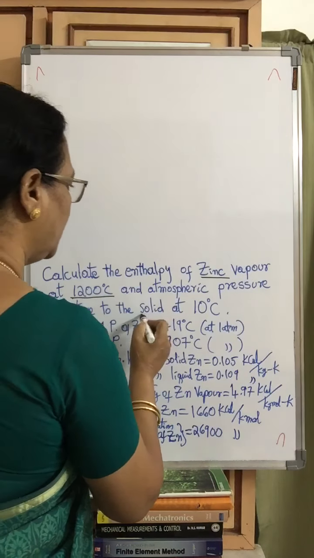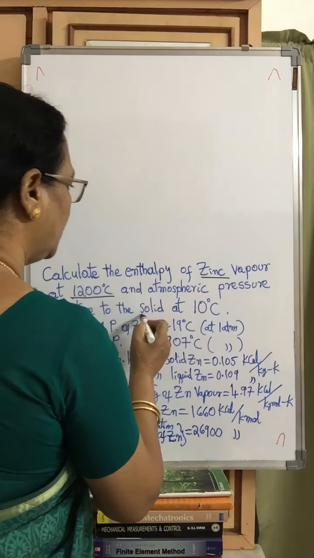So again the temperature will rise. This is zinc vapor at 907 degrees, and zinc vapor at 1200 degrees centigrade.